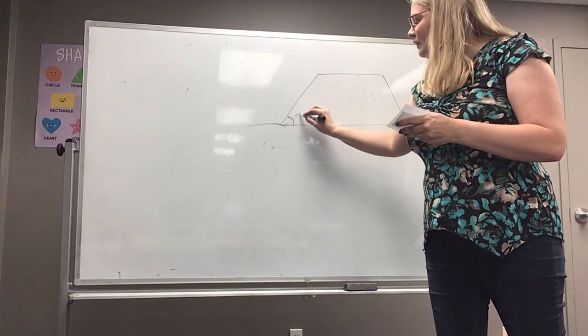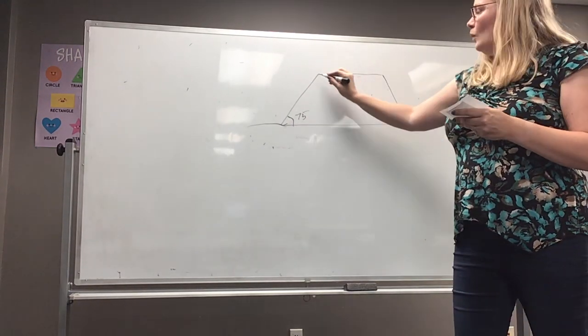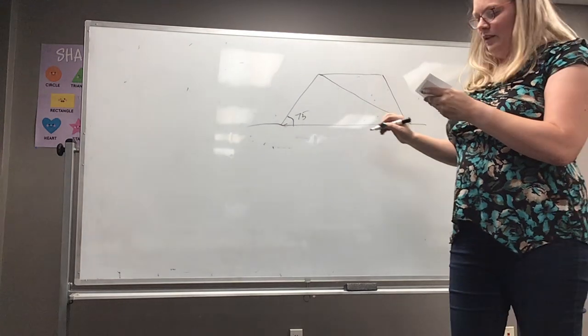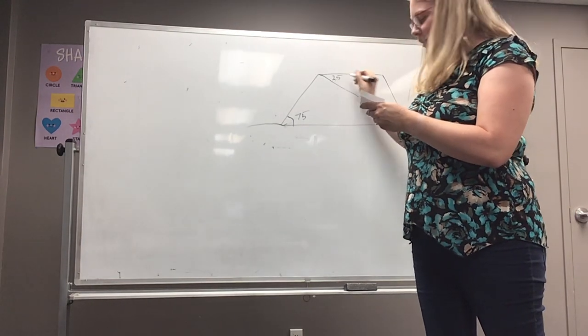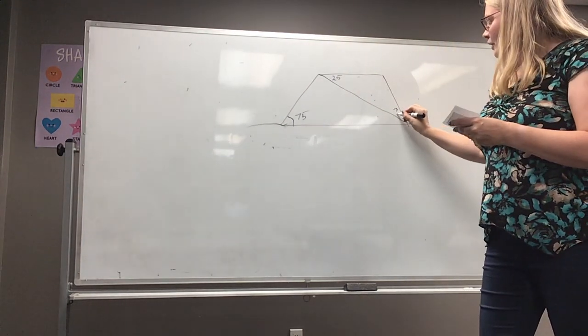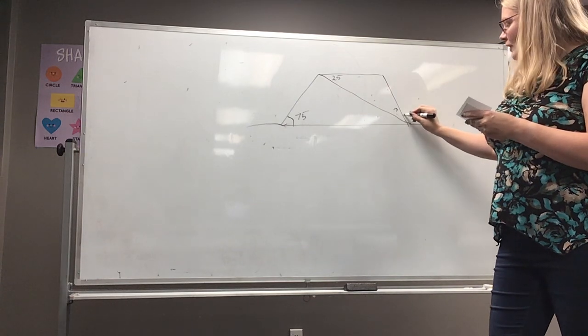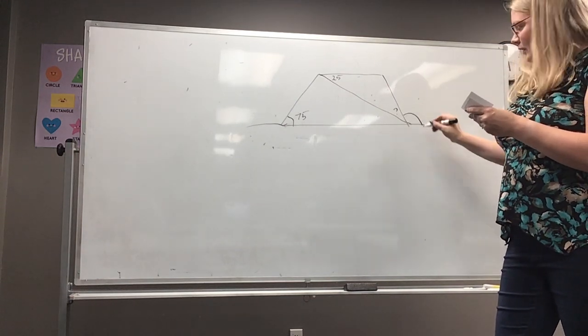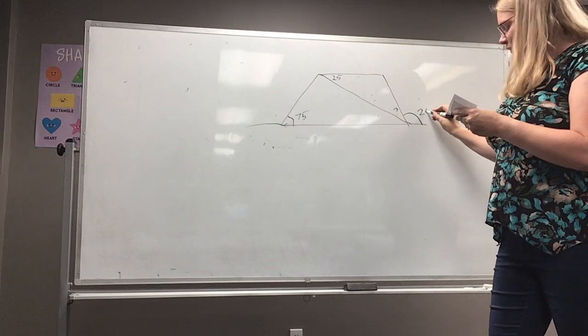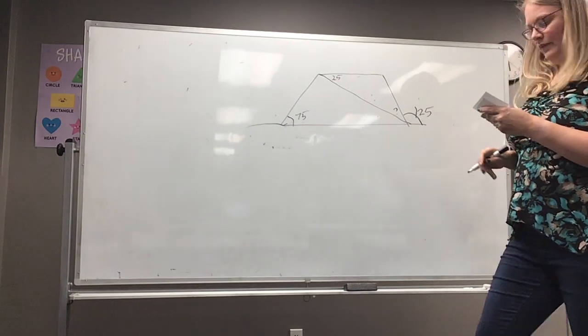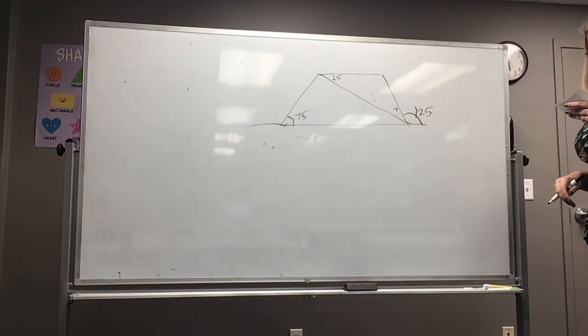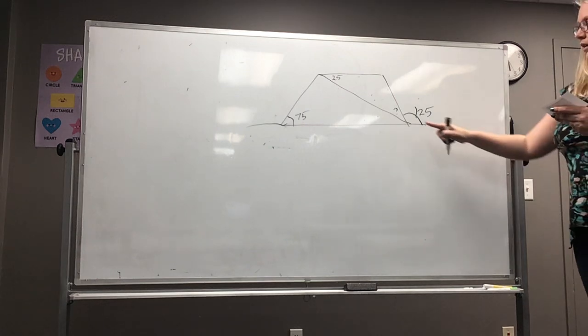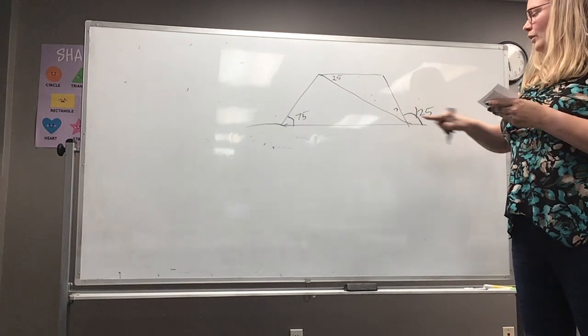But we have 75 degrees here. We have a diagonal drawn in with a 25 and an unknown. We know that this exterior angle is 125. And we are trying to find the measure right here.